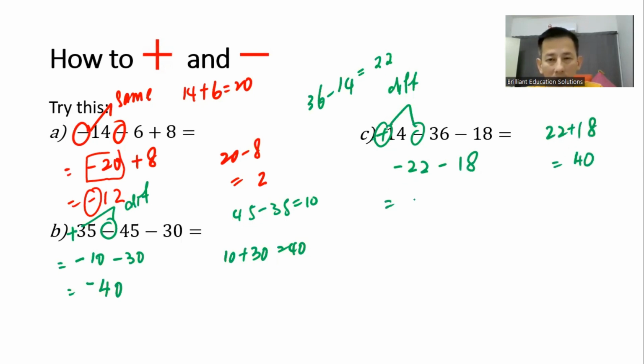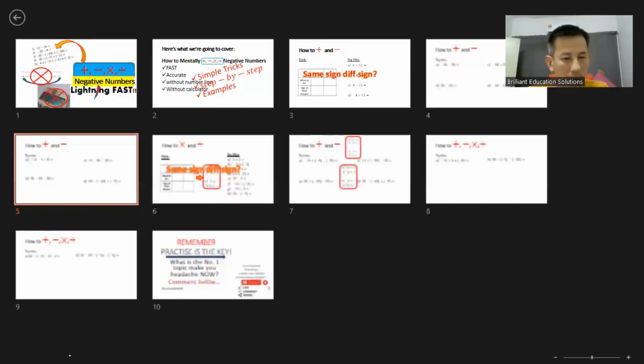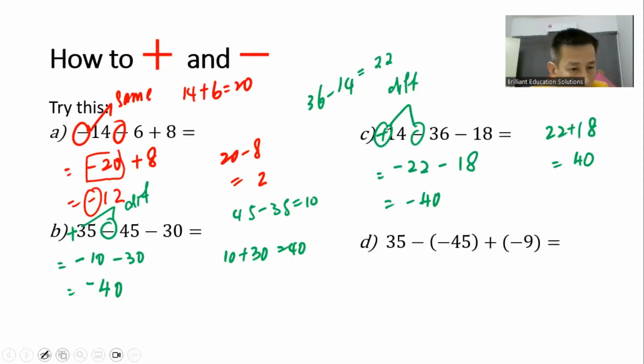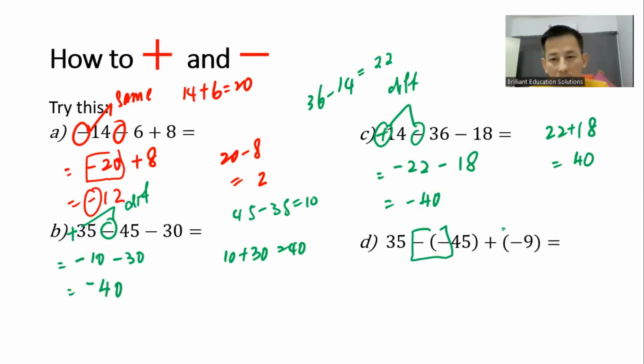So your answer should be negative 40. In this question there is a double sign, so we will come back to this later.